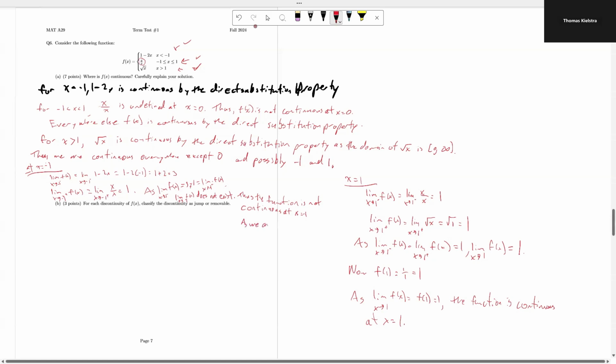As we are not continuous at x equals minus 1 or 0, we are continuous for x in the interval minus infinity to minus 1, union minus 1 to 0, union 0 to infinity. And this gives us where we are continuous.